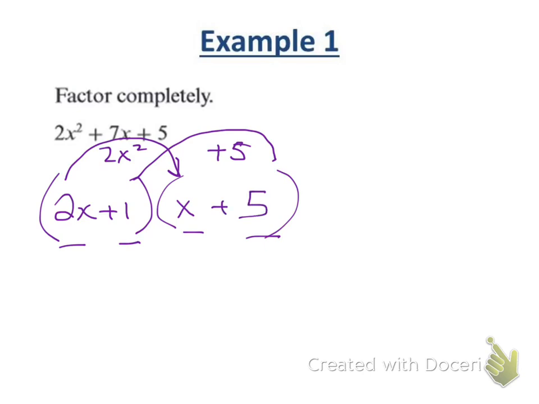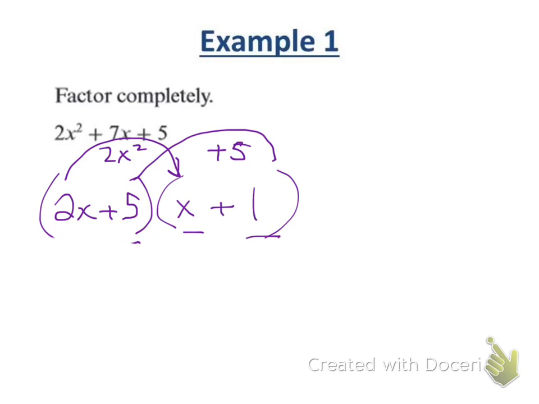Will that work? How would we check to see if that would work? Yeah, we'll do these inside and outside terms. That's 10x plus 1x. That's not 7x, right? And so that process or that combination of factors is not going to work. We can't use 1 and 5 in that way, which means we are forced to use 5 and 1 in this way.